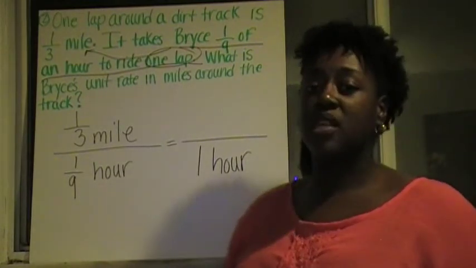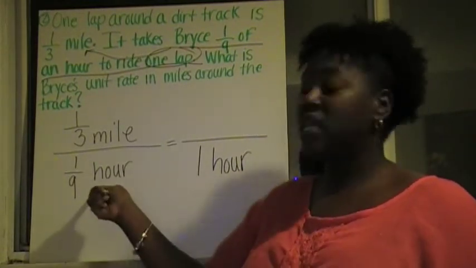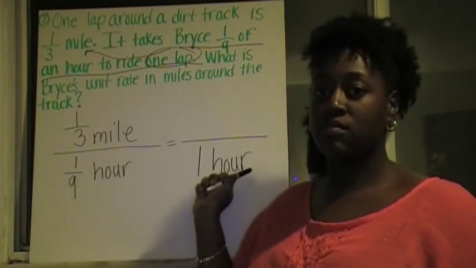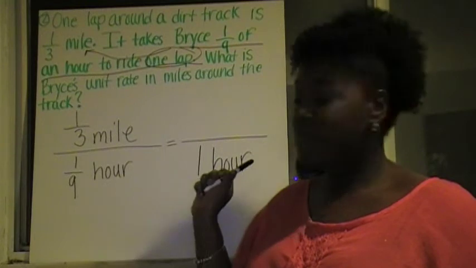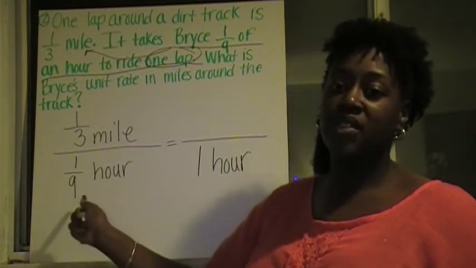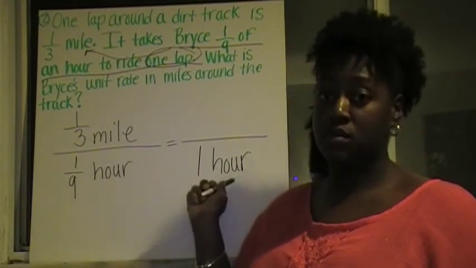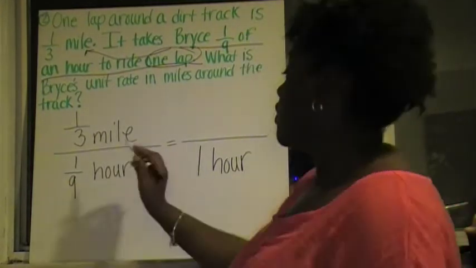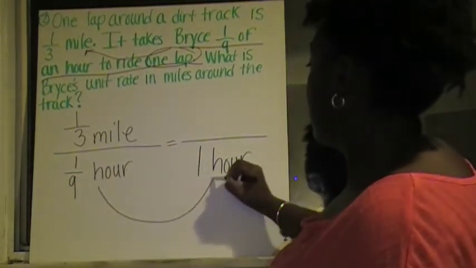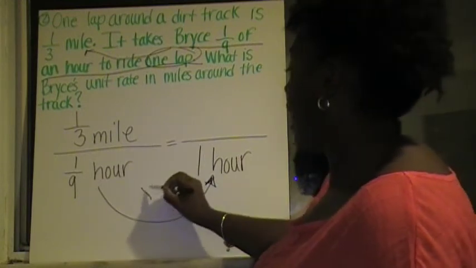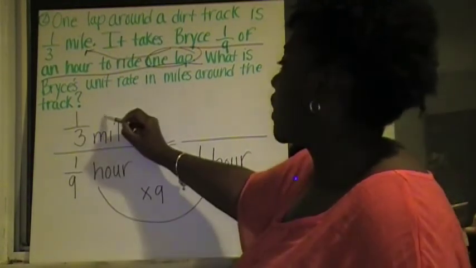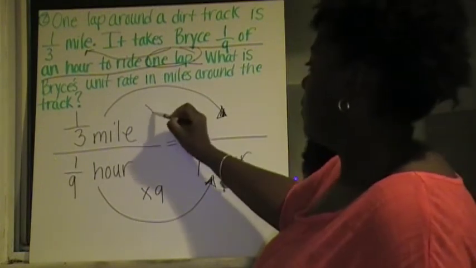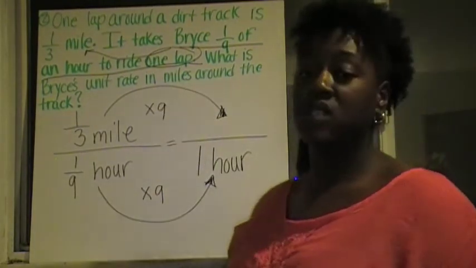Okay, now think. 1/9, is it bigger than or smaller than this 1? It's smaller. How many 1/9 are in 1 whole hour? There are 9. So let's take this, multiply it by 9. Whatever I do to the bottom, do to the top.